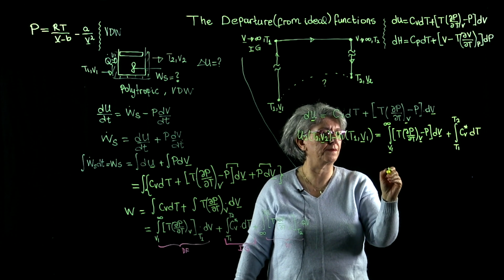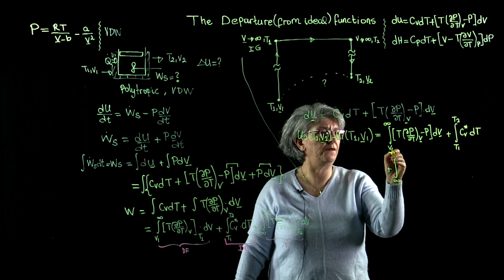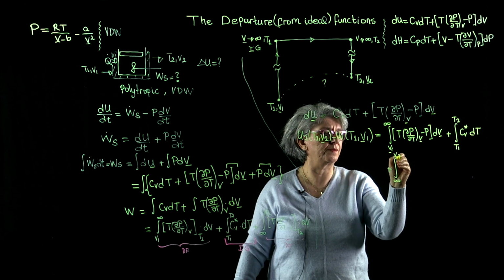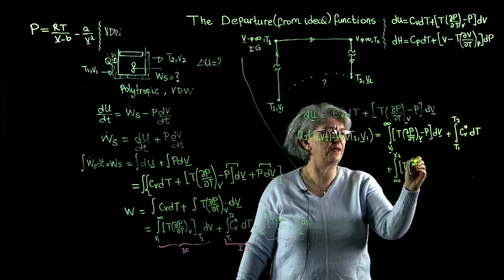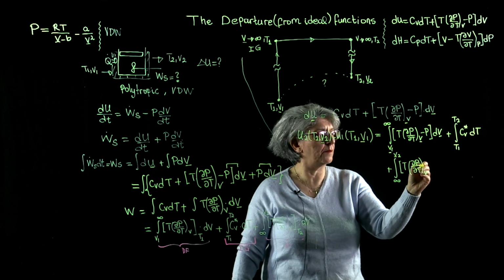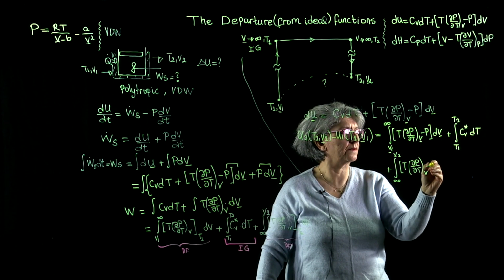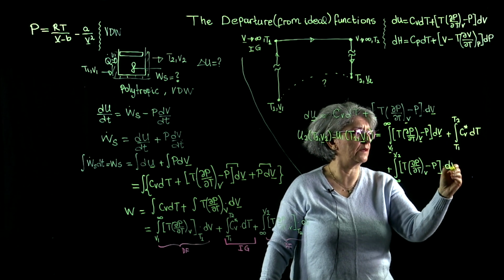plus the integral between infinity and V2 of T del P over del T at constant V minus P, times dV.